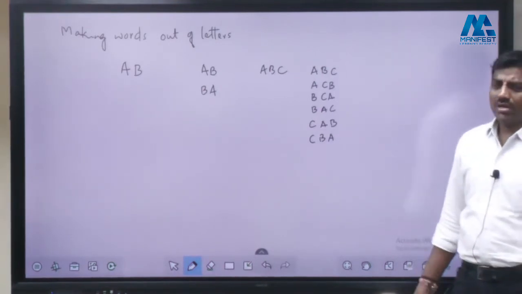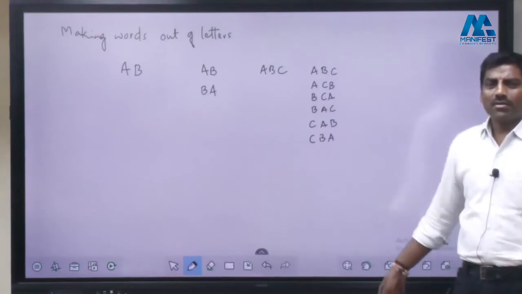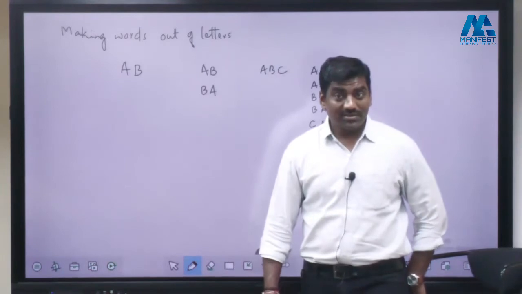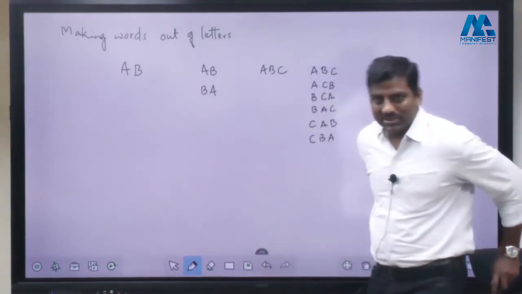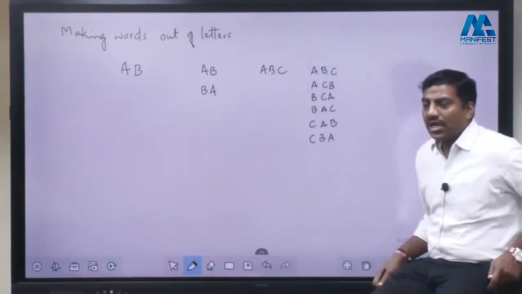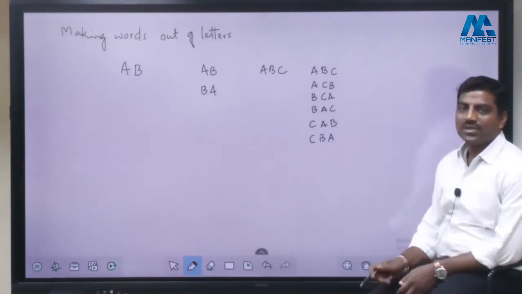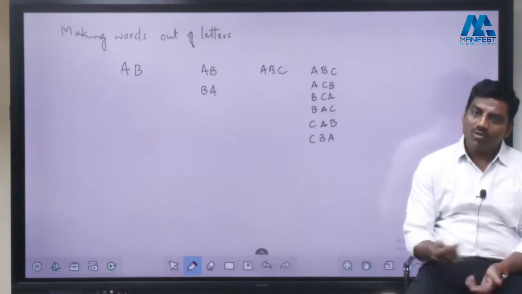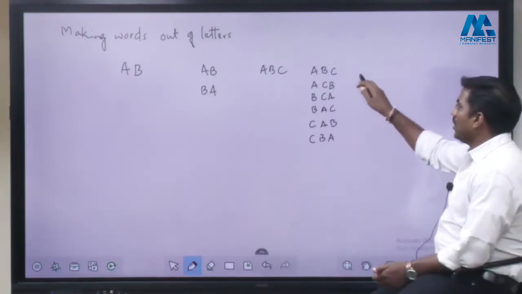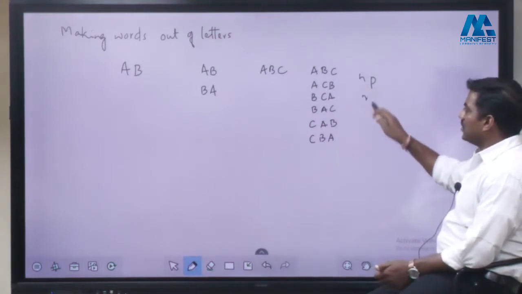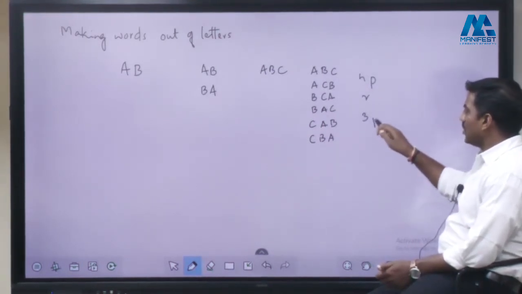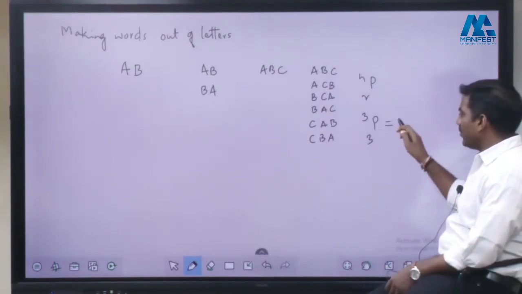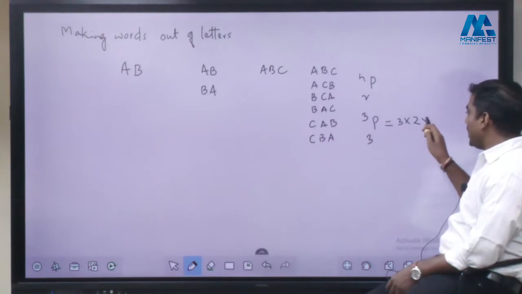What I'm doing here, by creating the number of words, arranging, that means we are making permutations, correct? Permutations of how many letters? 3 letters. Out of how many letters? 3 out of 3. If I take nPr, this is nothing but, that means what? Start with 3, end after 3 entities.